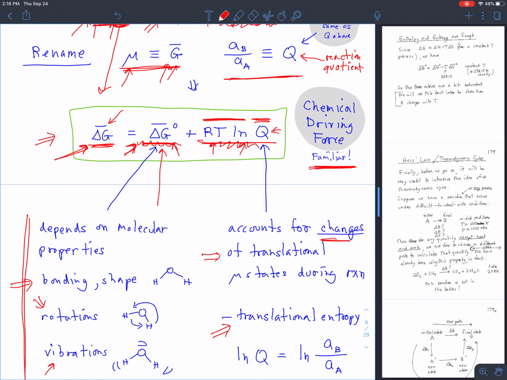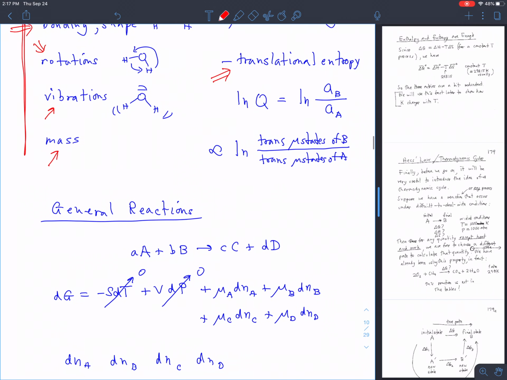It's just an RT and a logarithm. The only information in this whole term is about concentrations, not about molecular properties. And that's because all it's really accounting for is the fact that as the chemical reaction changes, the molecules either gain or lose the ability to move around in space, and that causes changes in the entropy, and this term is accounting for those changes.